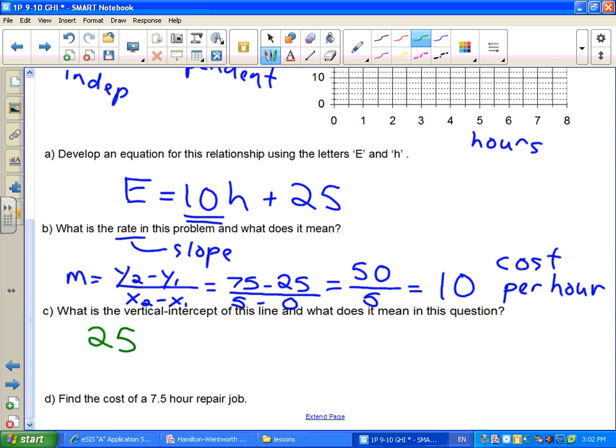Well, 25 was how much he charged just to take a look at the car. So this is sometimes called the fixed cost. This is the cost that you pay no matter how many hours he's going to work on this. And it doesn't change throughout the question. So it's the fixed cost, or in this case, it's the amount just to look at the car.